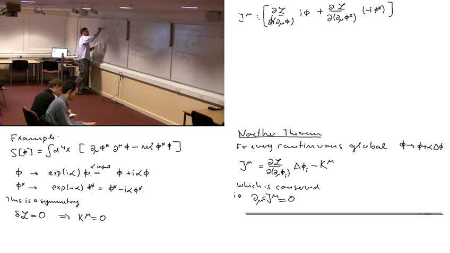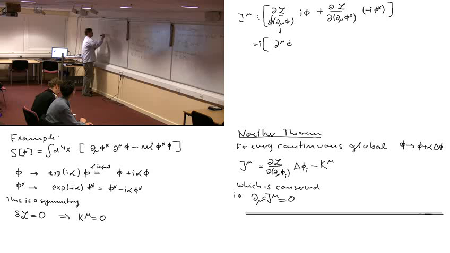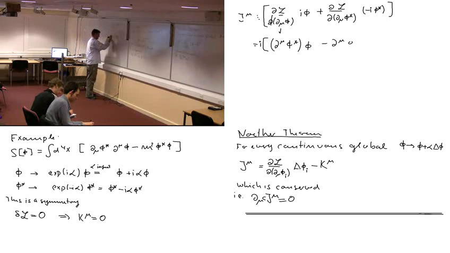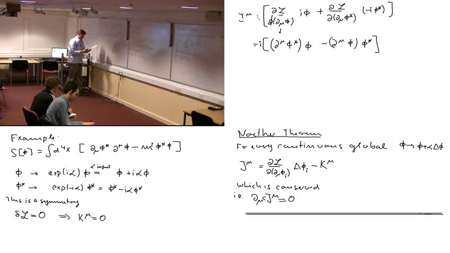Now we can simply evaluate these derivatives. We can factor out an overall I. We have d mu phi star times phi minus d mu phi times phi star. And this is our conserved current.